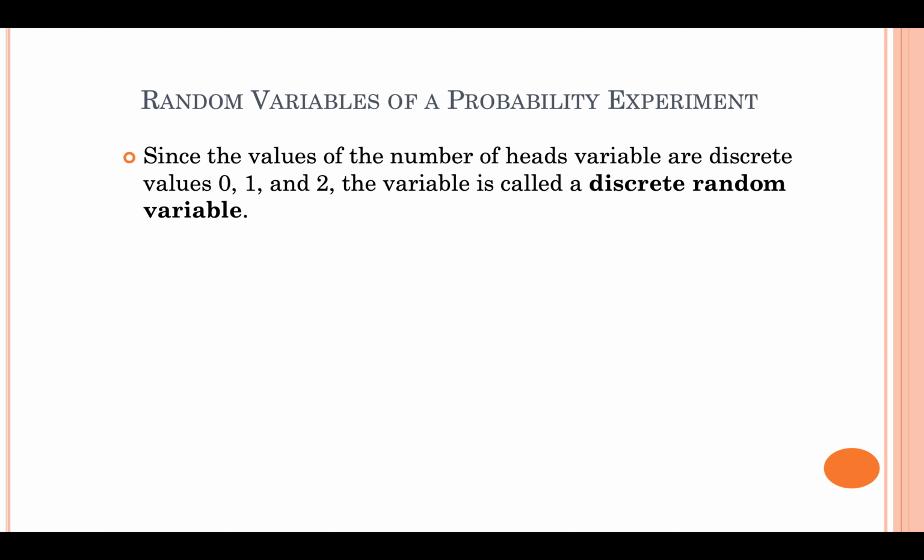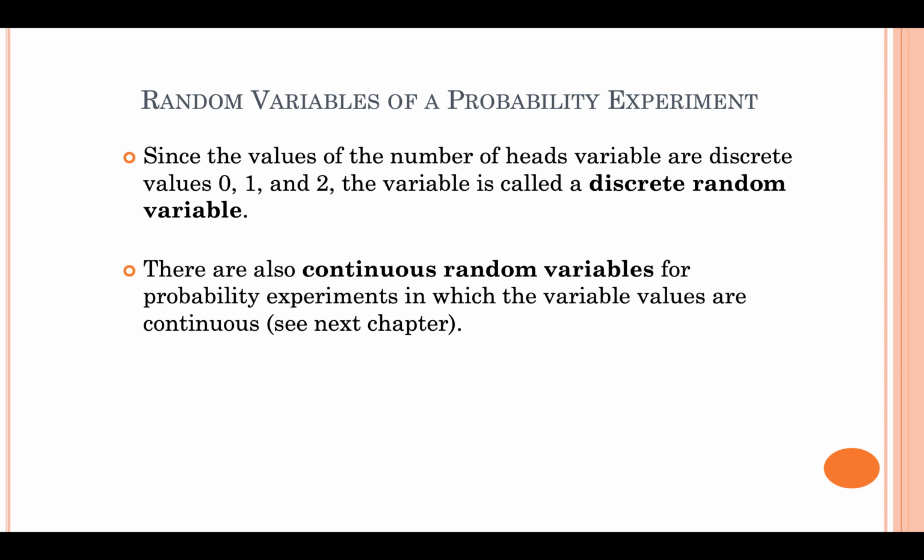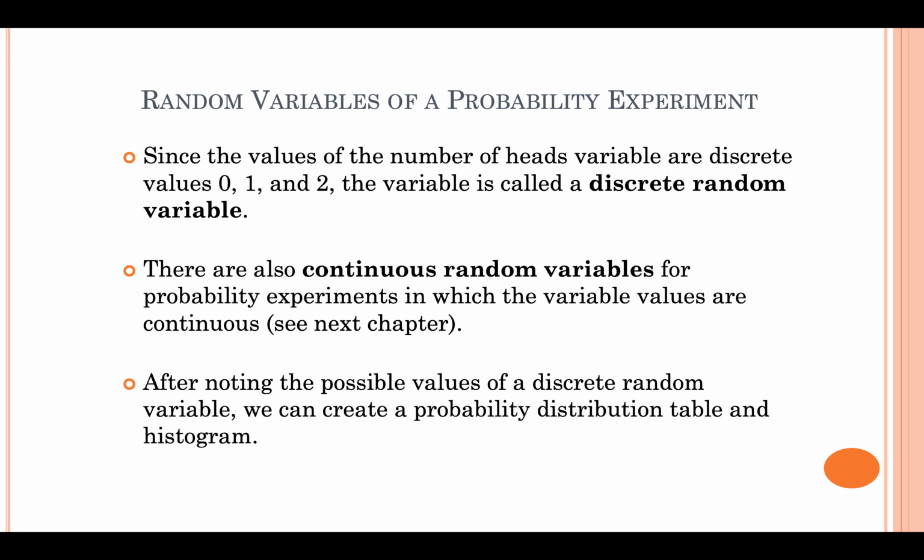Since the values of the number of heads variable are discrete values, 0, 1, and 2, the variable is called a discrete random variable. There are also continuous random variables for probability experiments in which the variable values are continuous, and we're going to cover those in the next chapter.